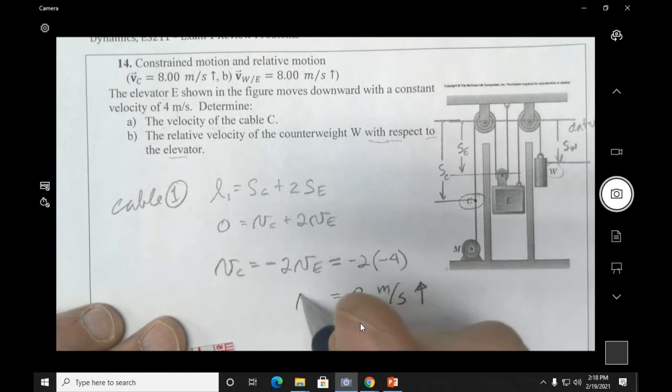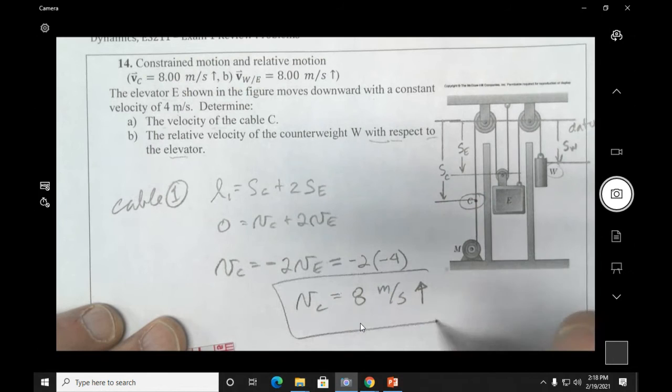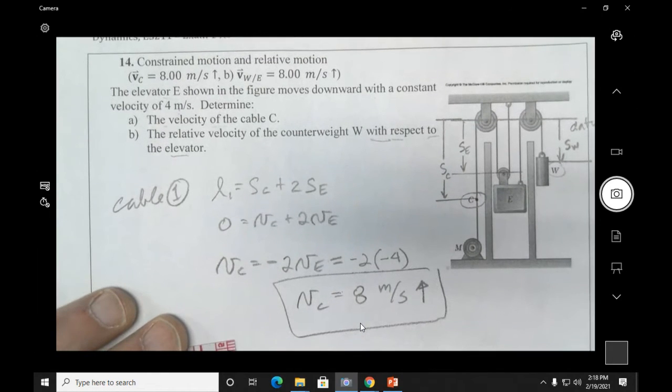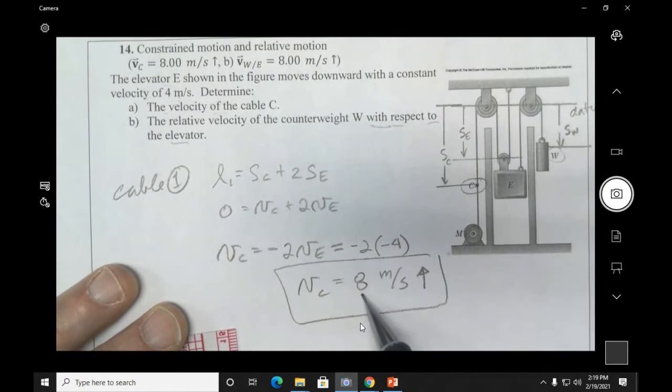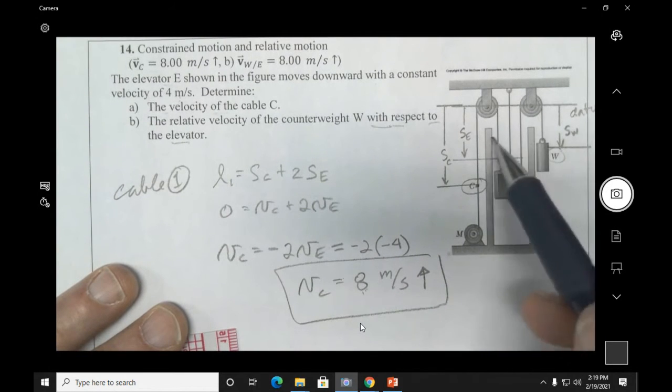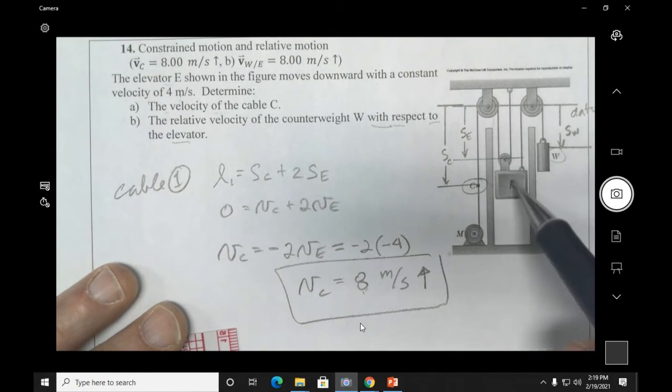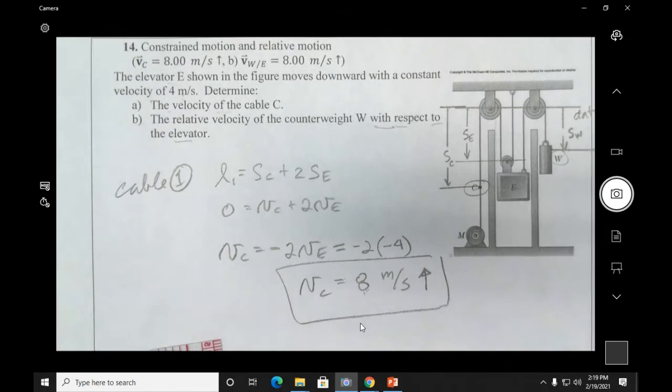So that means it's up. This thing's going up as that one goes down, twice as much. But you can actually just reason that out by looking at the thing on one level.